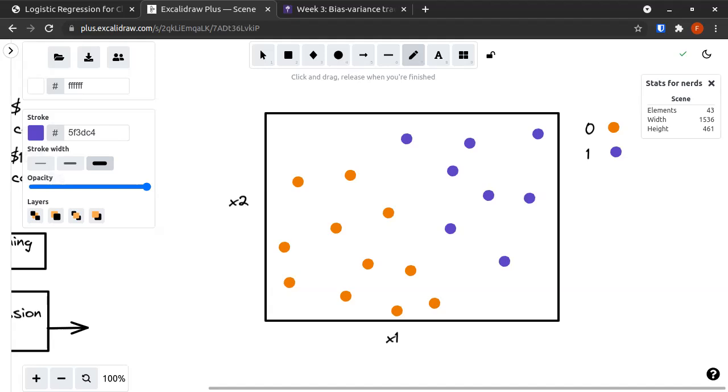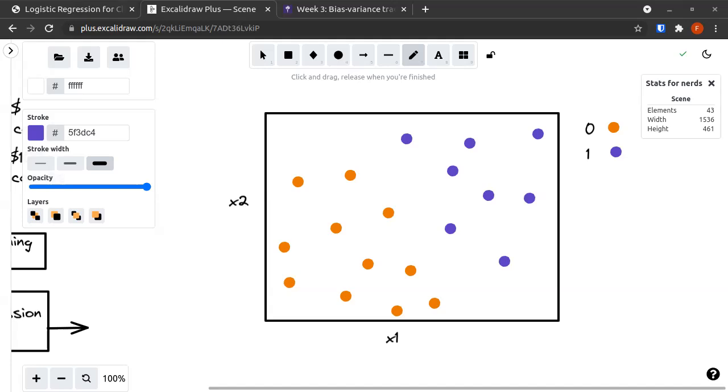I'm looking, for a given x1, x2 pair, so let's say this point right here has this value on the x1 axis, this value on the x2 axis, and I want to be able to classify it as, let's say, a 1.